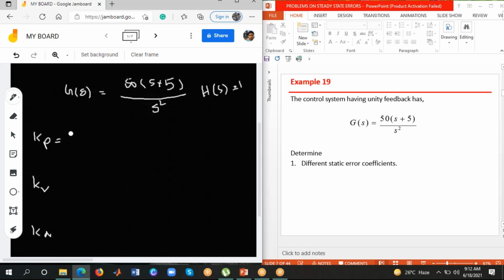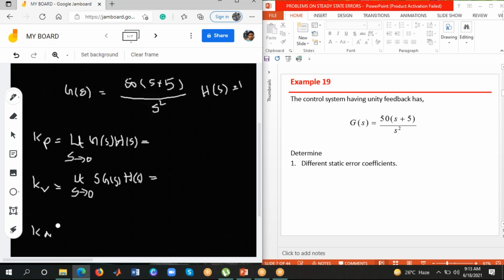The Kp formula is limit s tends to 0 of G of s into H of s. Find the Kp value, and the Kv value is limit s tends to 0 of s into G of s into H of s.